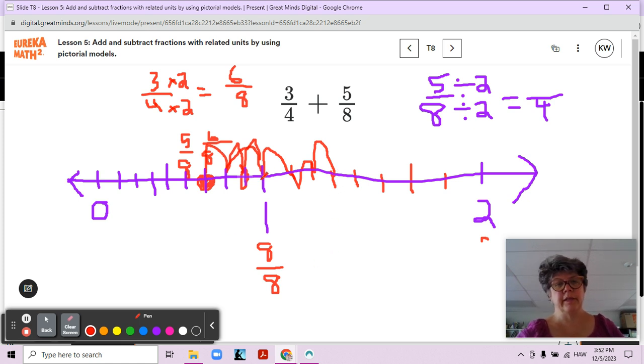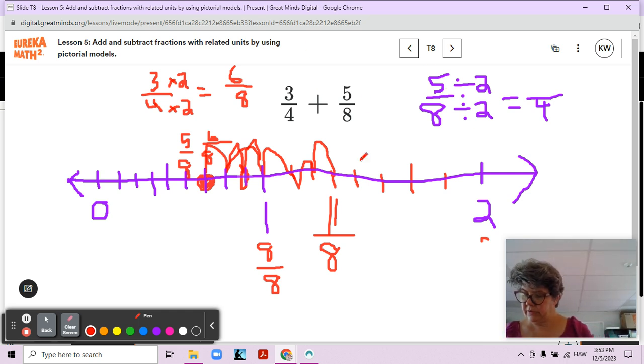So let's see where we land. 8, 9, 10, 11. 11/8. And you might be thinking to yourself, well, yes, 6 plus 5 is 11. So 11/8. 6/8 plus 5/8. Is it reasonable? It's between 0 and 2. It makes sense. Yes.